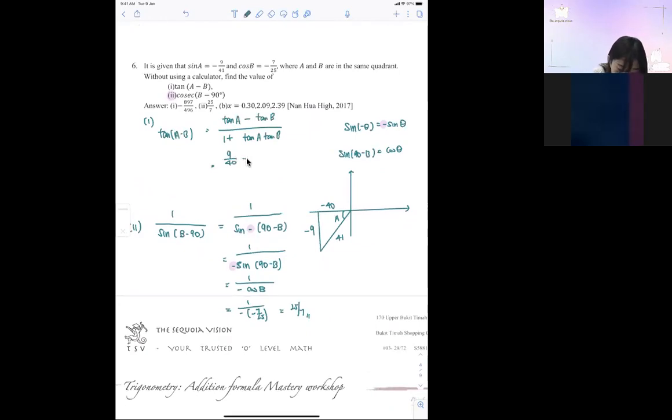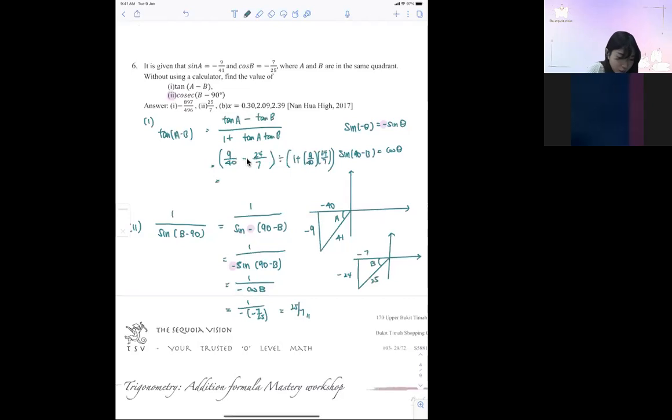Tangent B is, cosine is A over H, so cosine B is 24. Sorry, tangent B is 24 over 7, divided by 1 plus 9 over 40, 24 over 7.